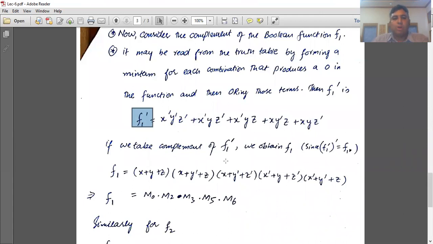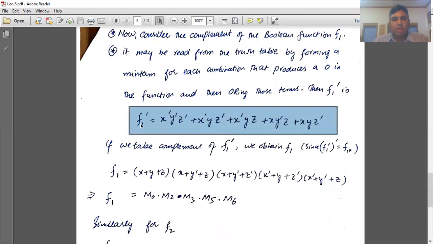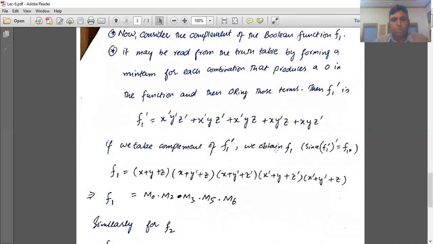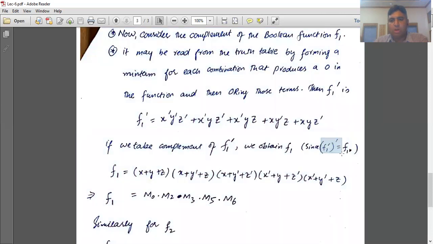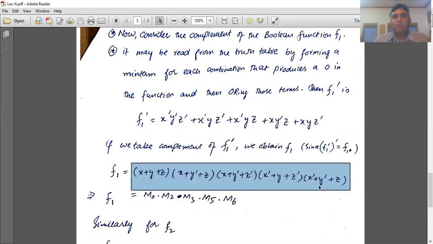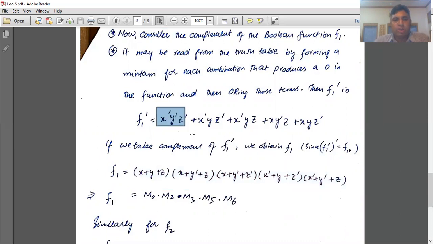Now one thing we can do is take the complement of this equation. This is f1 bar. If we take the complement of f1 bar, we will obtain f1, because the complement of a complemented function gives you f1. On the right hand side, each AND gate will be converted into an OR gate, each OR gate into an AND gate, and each literal will be primed.